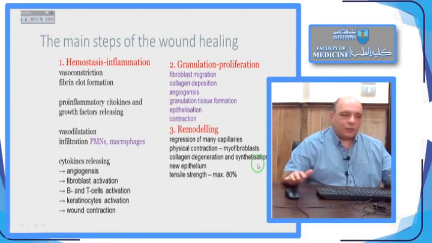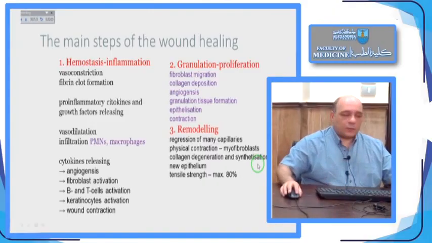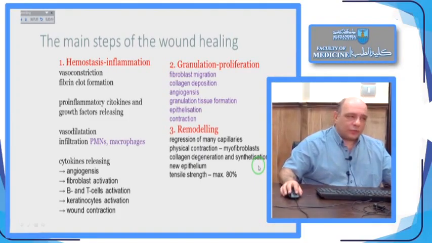And at the end of this stage, you can gain a tensile strength of maximum 80% of the normal skin. Okay, so our famous 3 steps of wound healing are the hemostasis inflammatory phase, the proliferative granulation phase, and the remodeling phase, the third phase.